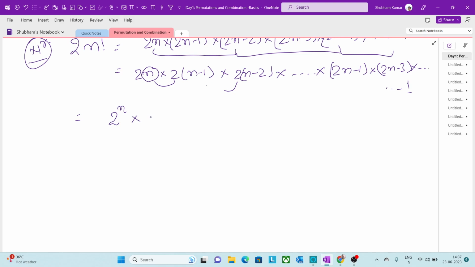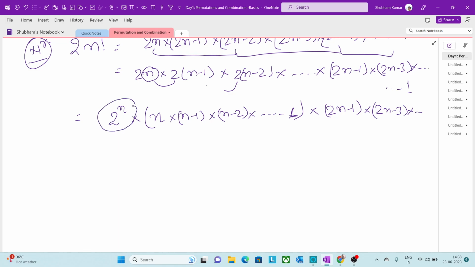This is multiplied by the odd terms, 2n minus 1 into 2n minus 3 and so on. So basically this is 2 to the power n, and this particular thing is nothing but n factorial.